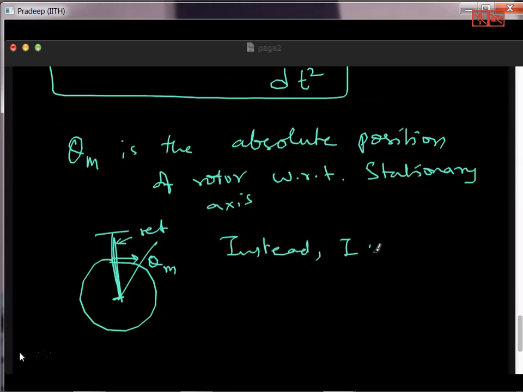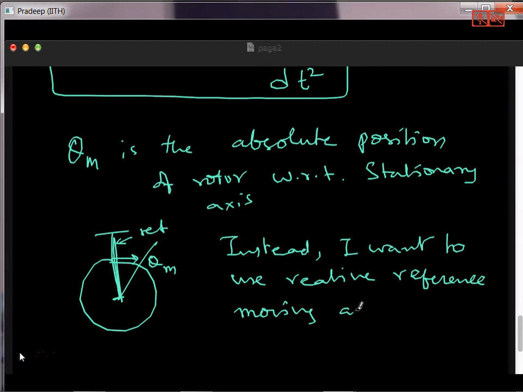Now I want to use, instead, a relative reference moving at omega s. Omega s is the synchronous speed, in radians per second. So instead of having a fixed reference, I want to have a moving reference.